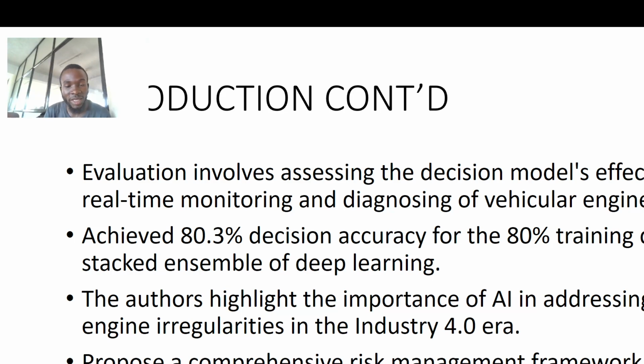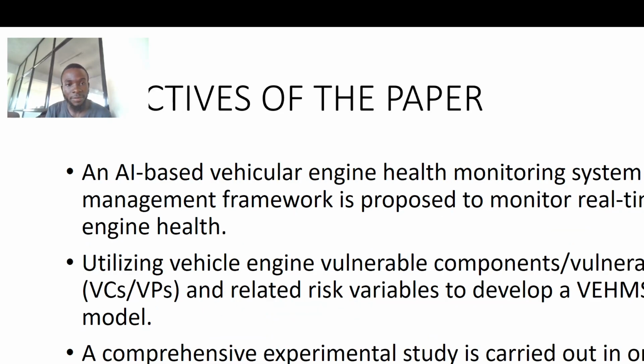So it's real time. They're going to be monitoring the engine in real time. So they're not first going to operate on the engine when the vehicle is not on the road. So that's the risk management framework, which is mainly focusing on the weaknesses that will be identified in the vehicle engine, and they will be using a decision model, which will be deciding either a faulty or a normal engine.